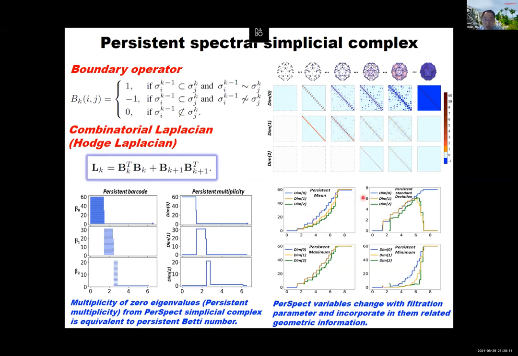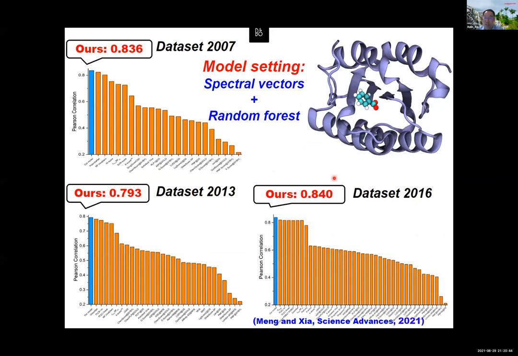We can check different properties: maximum, minimum, standard deviation, and some other moment properties, certain Riemann zeta functions, and any other different types of functions. Essentially, this non-zero geometric information can be very helpful in characterizing the systems. Actually, we can already see that they are much more discriminative, which means they are more sensitive to the geometric information. So we have combined these things into the machine learning model and tried to do some prediction.